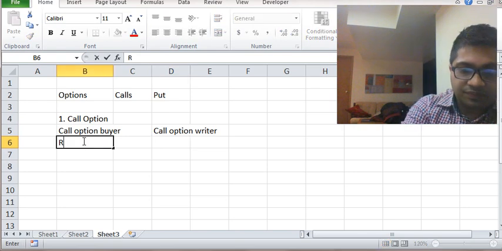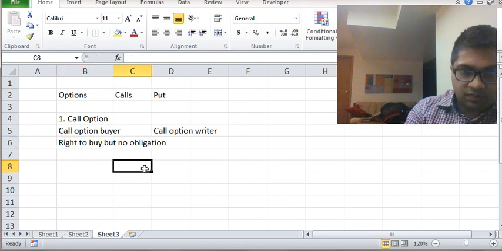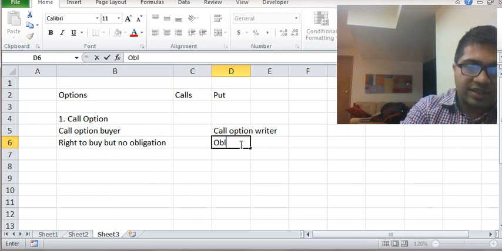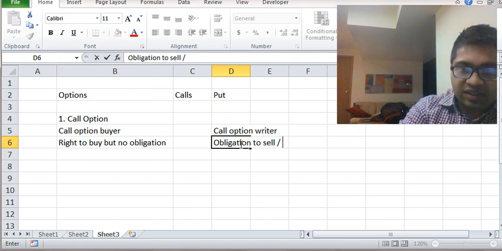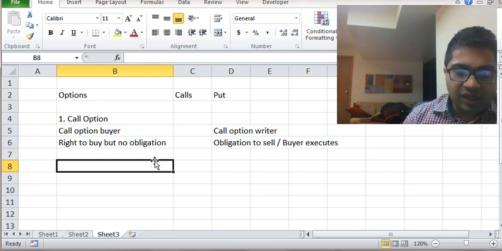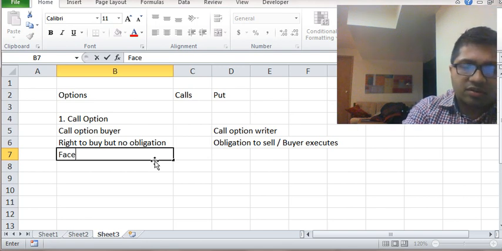The call option buyer has the right to buy but no obligation. The call option writer has an obligation to sell, but only when the buyer executes. Now these are fancy words, I'll explain it to you. So let's take an example.